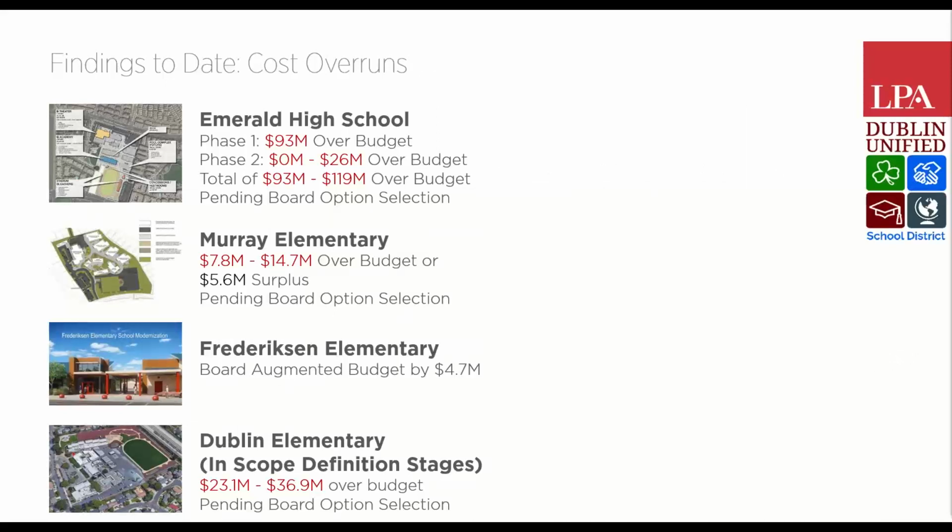I'll take this. Currently in front of the board, we presented 4 options at Murray Elementary, all the way from stopping construction at the end of phase 1, which would basically be classrooms only and would not include a new library, administration or NPR. That would be the option that would have the largest surplus. And then there were 3 other options, one other option that provided a surplus.